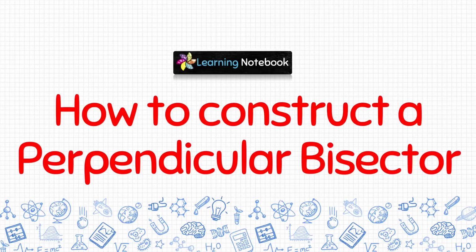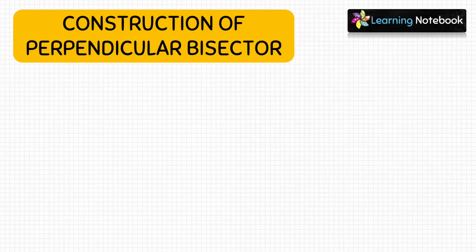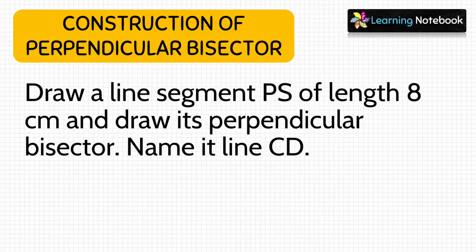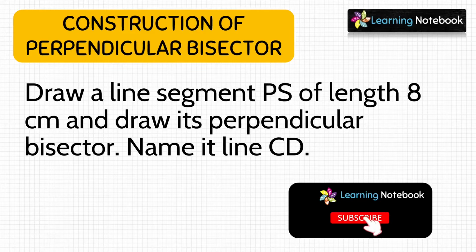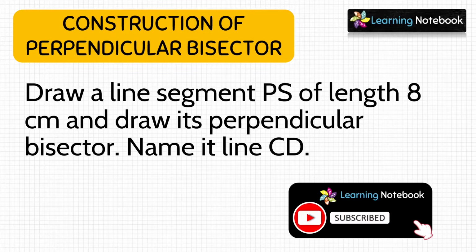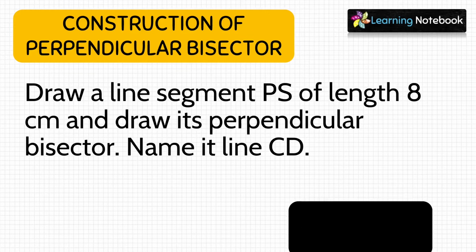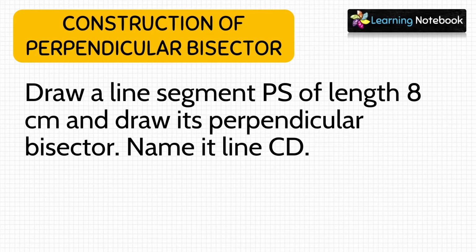Now students, let's understand how to construct a perpendicular bisector. Question is, draw a line segment PS of length 8 cm and draw its perpendicular bisector. Name it line CD.